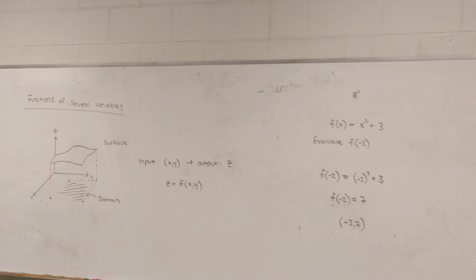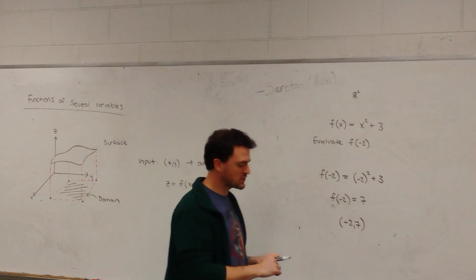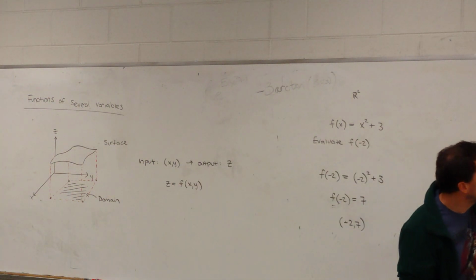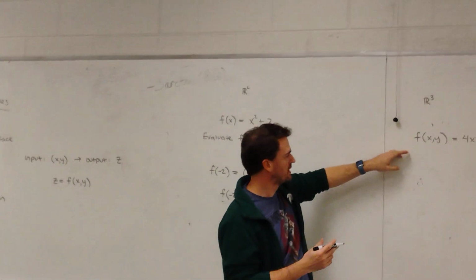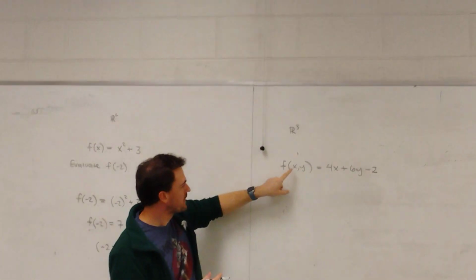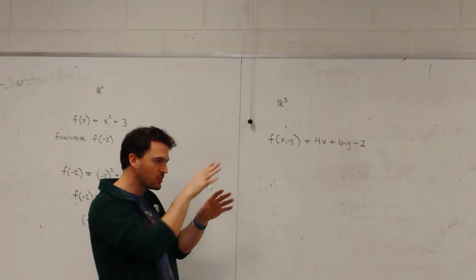So if I have the function f of x comma y, first of all, when you walk up to this, you should recognize that this is a 3D image. You plug in 2 things for an input, and you get an output. So 3 variables, 3 dimensions.